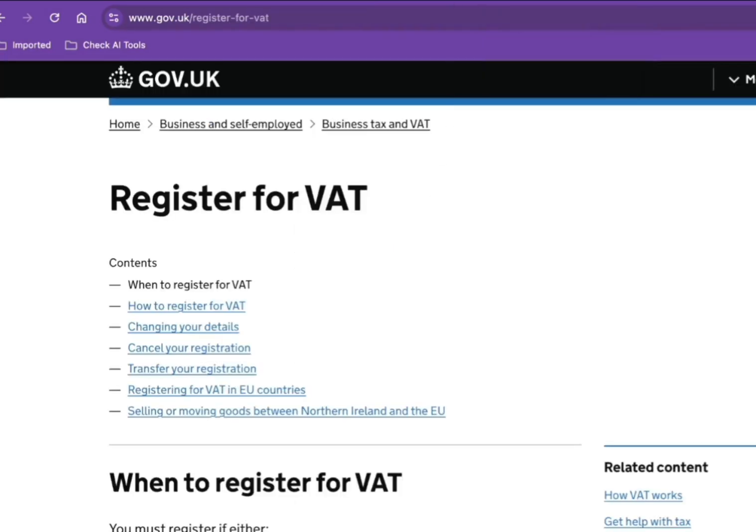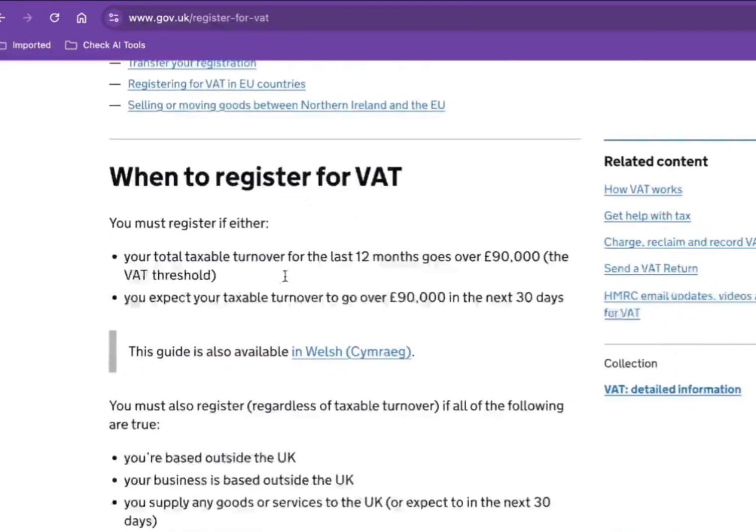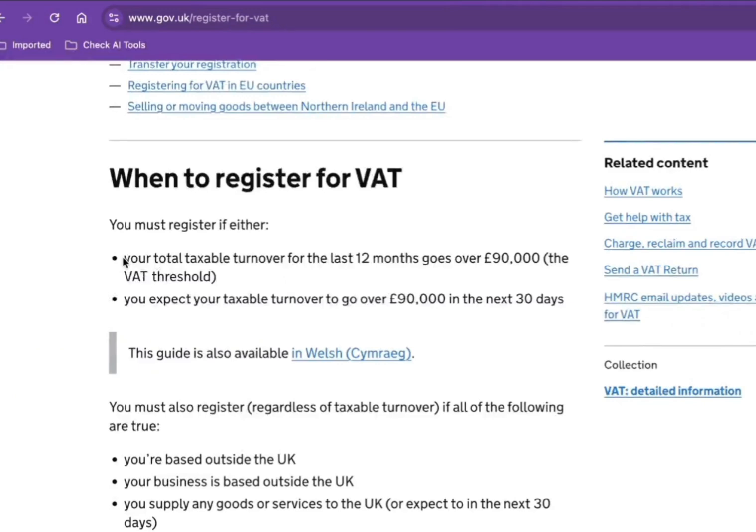So the other tax that I'm going to explain is VAT. Normally, you don't have to worry about VAT if you are a UK resident because there is a threshold. If your sales, this is not profit, keep in mind, are less than £90,000 in a 12-month period, let's say today you started a business and in the first month your sales were £5,000, then obviously you're not going over the VAT threshold.